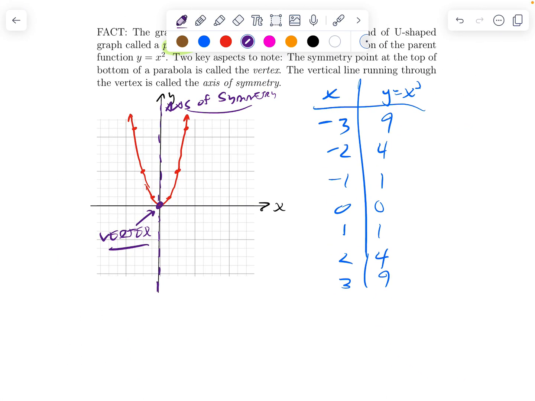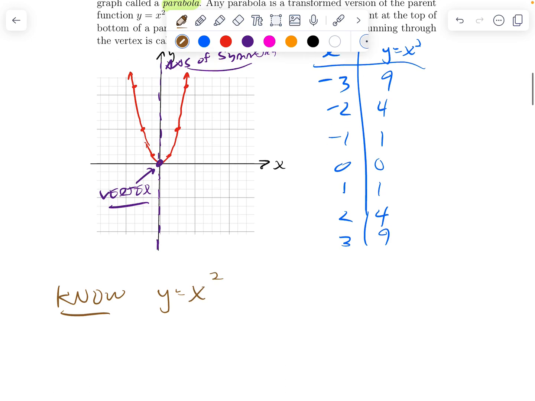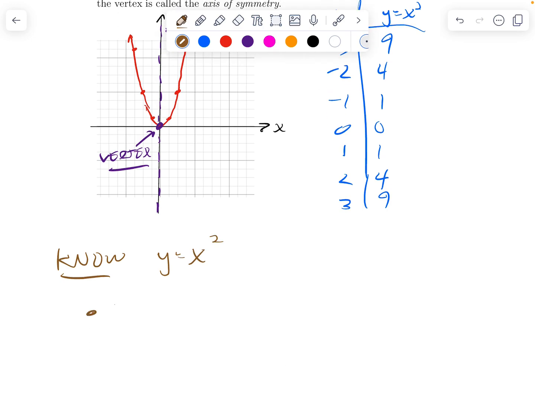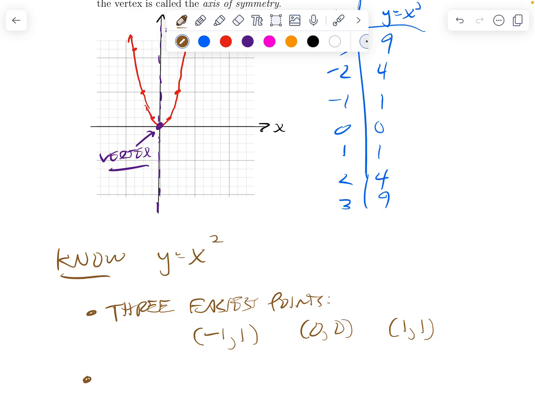Now, for our purposes, what you really want to just know instantly is that y equals x squared has as its 3 easiest points negative 1, 1, 0, 0, and 1, 1, and that it's U-shaped.